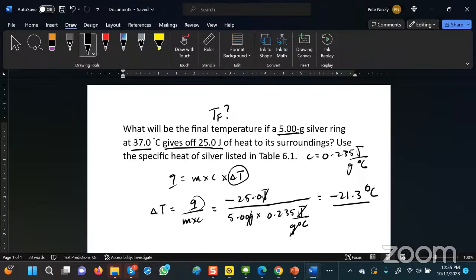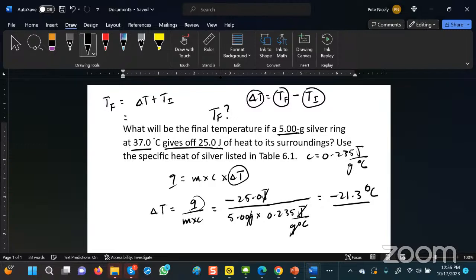Now, let me do it up here. The change in temperature is going to be the final temperature minus the initial temperature, right? What the question is asking for is the final temperature. The question gave you the initial temperature and you just calculated delta T, right? So basically, the final temperature is going to be equal to delta T plus the initial temperature.